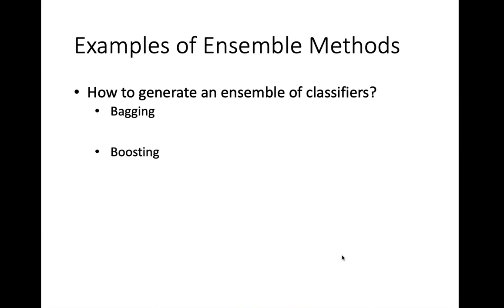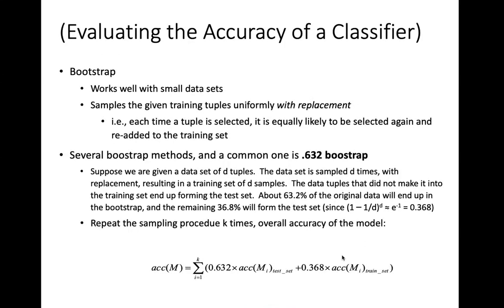Okay, there are two well-known methods, called the bagging method and the boosting method. For boosting, an AdaBoost kind of approach is well known, and it's a very strong approach. In bootstrapping, we have small sets, and we sample uniformly with replacement, with a 0.632 bootstrap rate, and you can do the sampling k times.